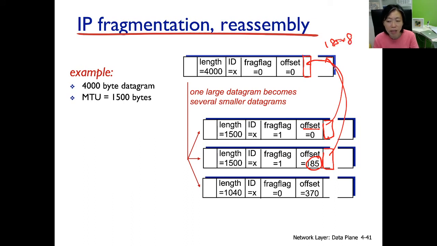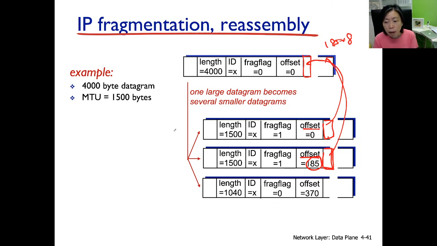So the offset is counting 8 bytes at a time. That is a way to make sure the offset field is a little bit narrower, because a 1-byte packet just doesn't make sense. So there, you get it. This is IP fragmentation and reassembly.